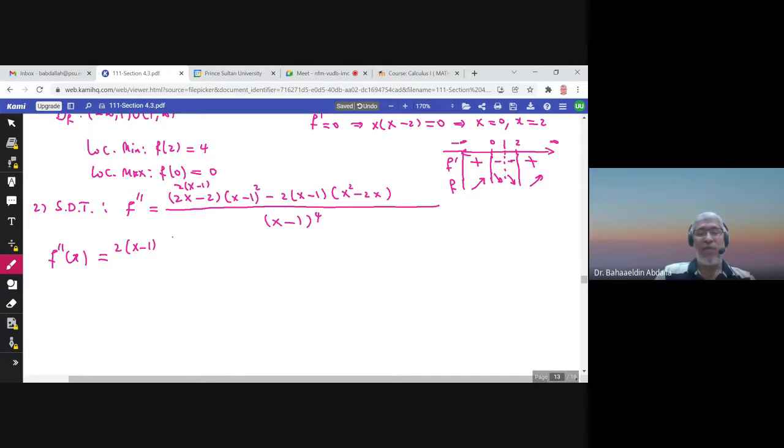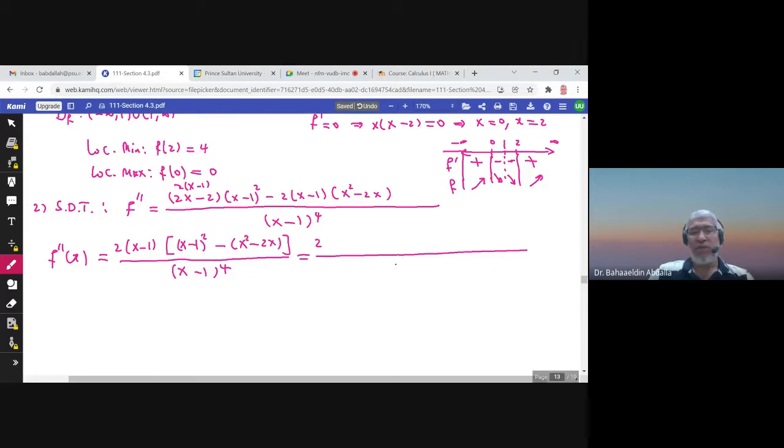And what I'm left with would be x minus 1 to the power 2, minus 2 times x squared minus 2x, over x minus 1 to the power 4. I can cancel x minus 1 with one of the x minus 1s in the denominator. So I'll have x minus 1 to the power 3.